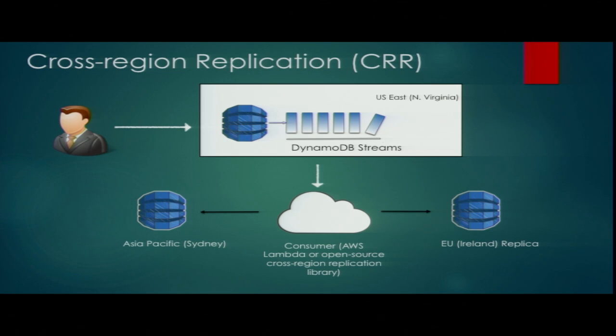Now, on the open source library, we, as the DynamoDB team, actually wrote our own library on top of KCL, which uses KCL to replicate as well. That's just to provide another example of how we could use KCL to do something like this. Some people want to only replicate certain records, so there's filtering, and delayed replica, where you delay for a certain period of time before you replicate to prevent against logical corruption.